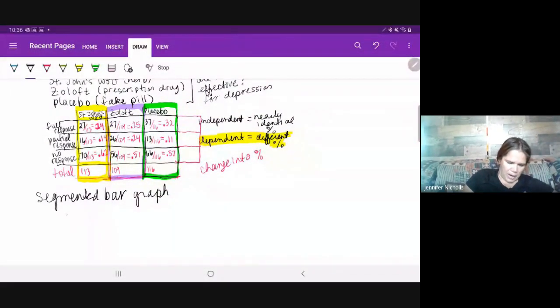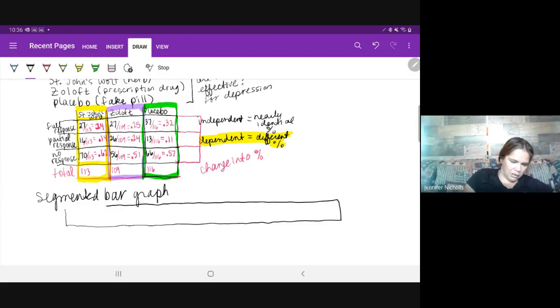Okay. So what you have to do is you have to make a skinny bar graph. Okay, so kind of make it long. And then you're going to divide it into 10. Now, if you're on graph paper, you could make every 2 squares be 1. So it'd be a little bit easier if I was on graph paper.